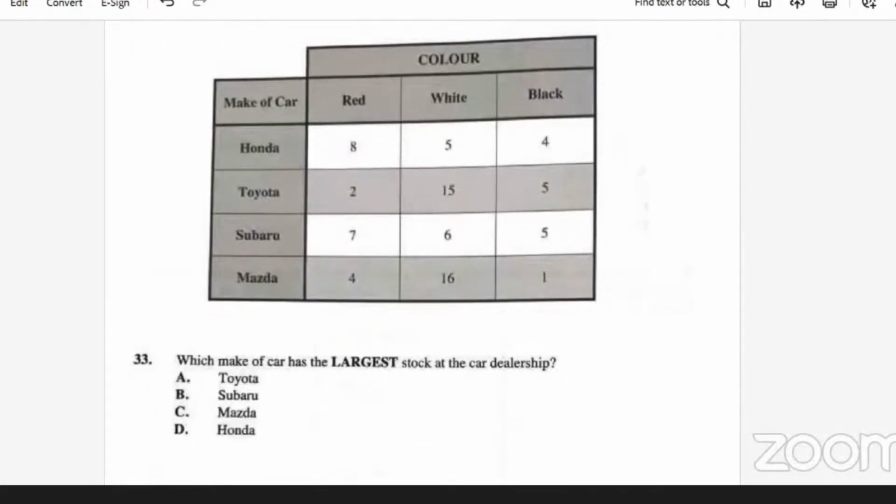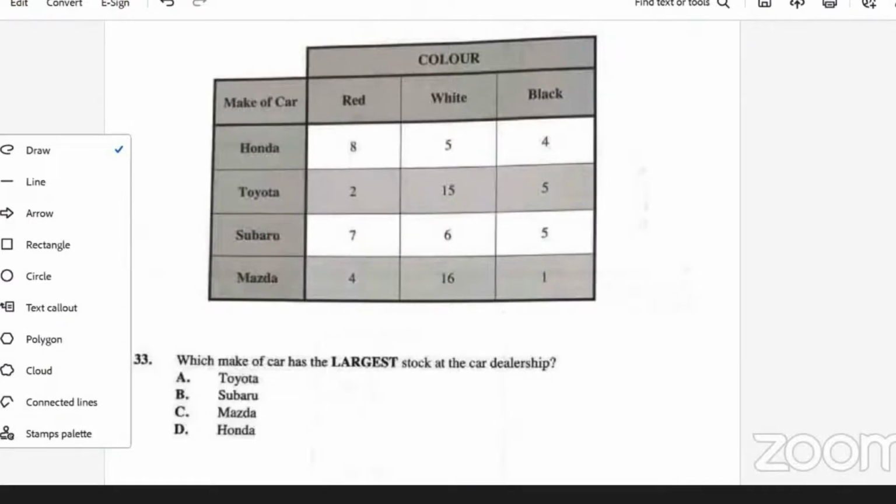We have the make of the car: Honda, Toyota, Subaru, Mazda. Then we have the colors: red, white, and black. Which make of car has the largest stock at the dealership? We'd have to add up the three colors for the Honda altogether and see what the total is. The Toyota, the same thing. We add up all the colors.